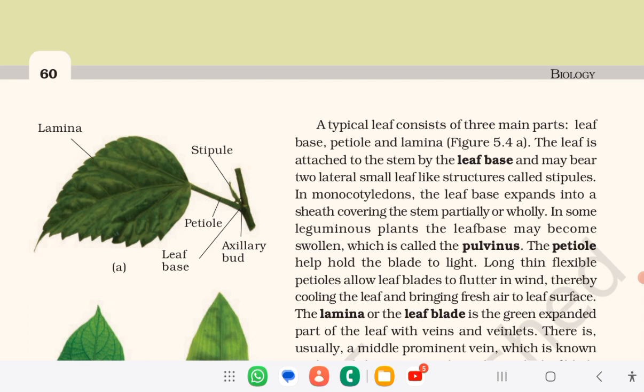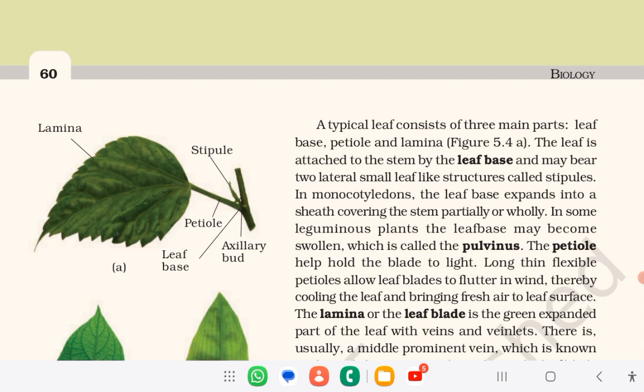In monocotyledons, the leaf base expands into a sheath covering the stem, partially or wholly. In some leguminous plants, the leaf base may become swollen, which is called the pulvinus.